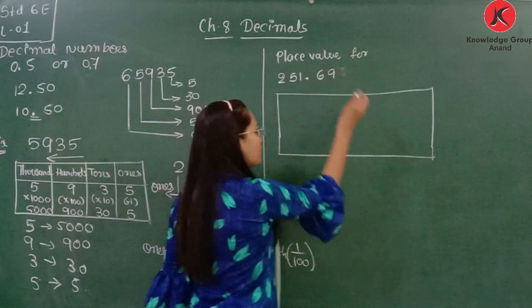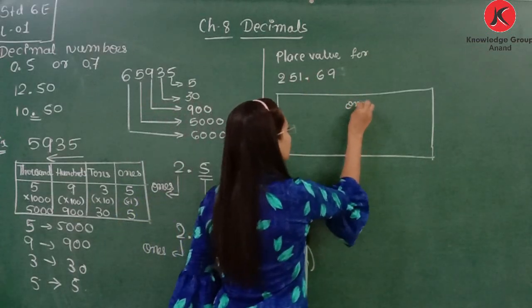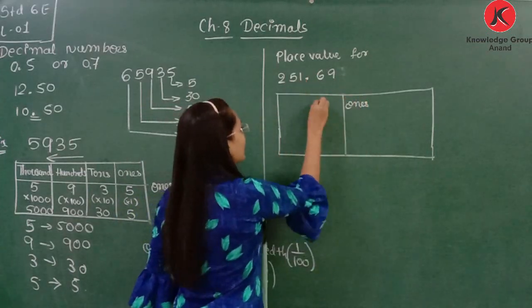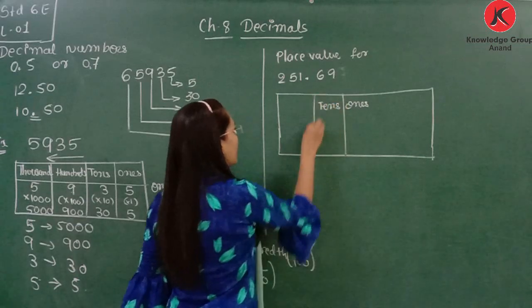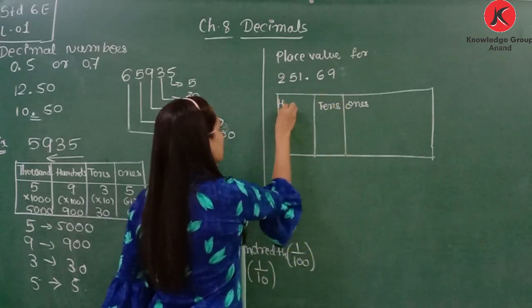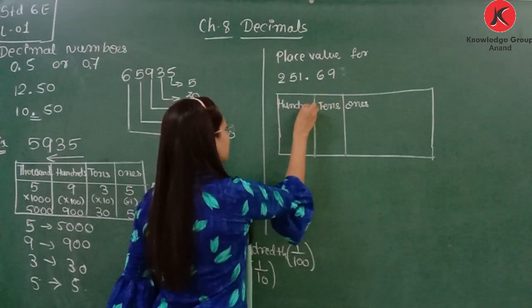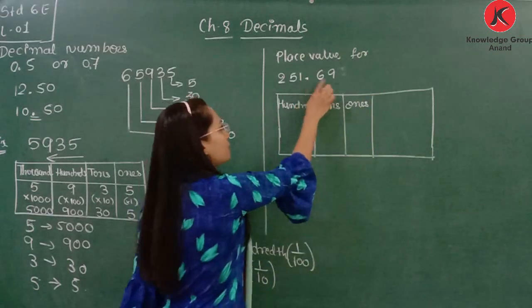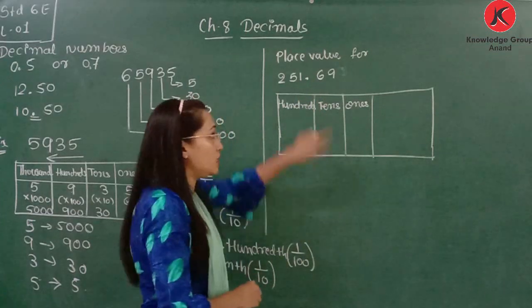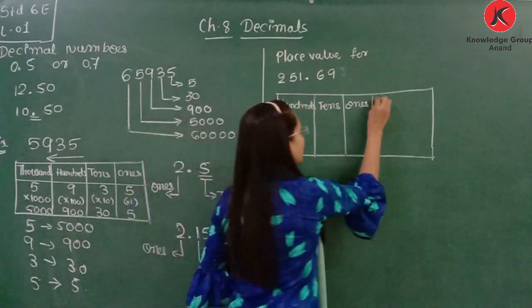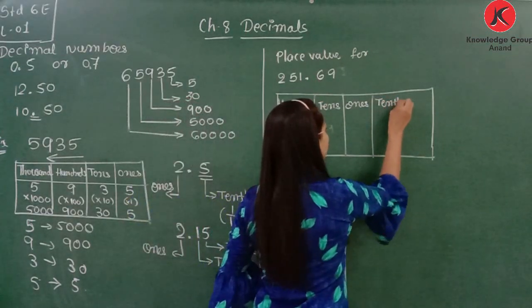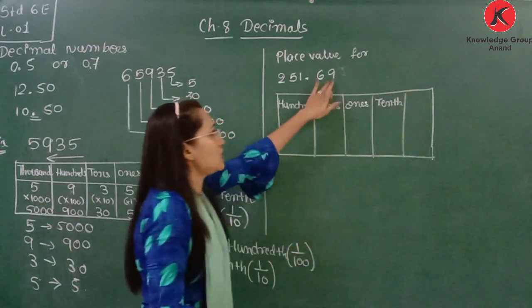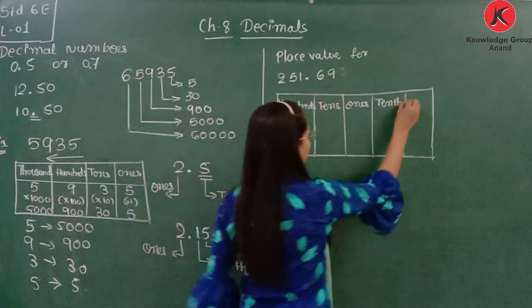So here 1 at the ones place, 5 at the tens place, and 2 at the hundreds place. Now after the decimal point, 6 is there, it is at the tenths place. So we can write 1 by 10, and 9 at the hundredths place.